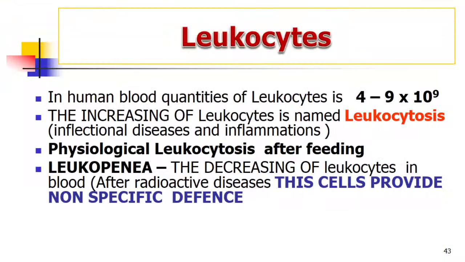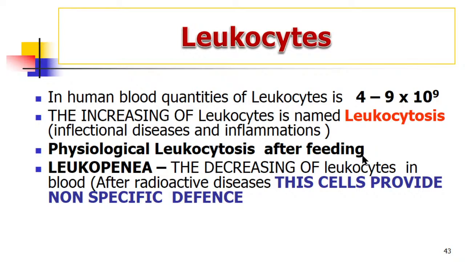Well, so leukocytes. In human blood, the quantity of leukocytes is 4 to 9 times 10 to the ninth per liter. We have also seen that an increase of leukocytes is named leukocytosis. Ordinary leukocytosis takes place in infectious disease and inflammations. Physiological leukocytosis very often takes place after feeding.